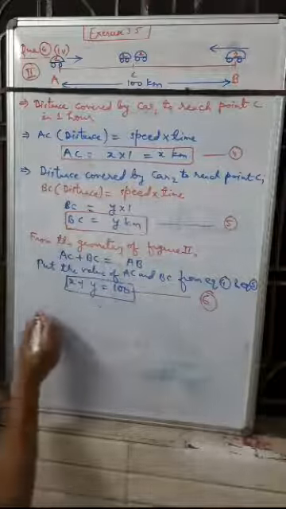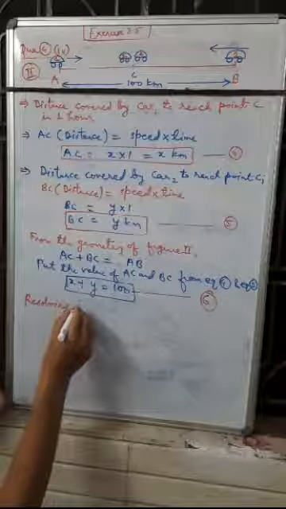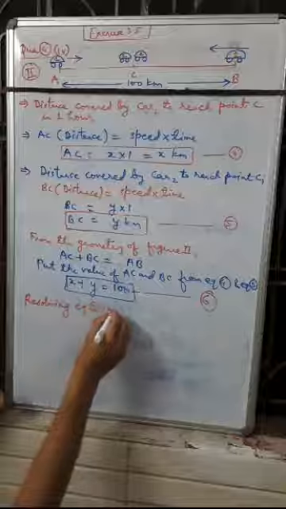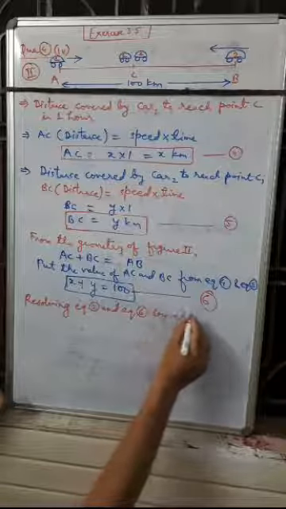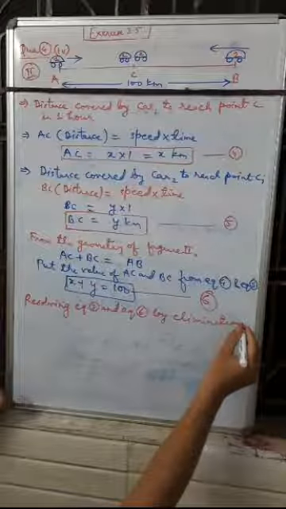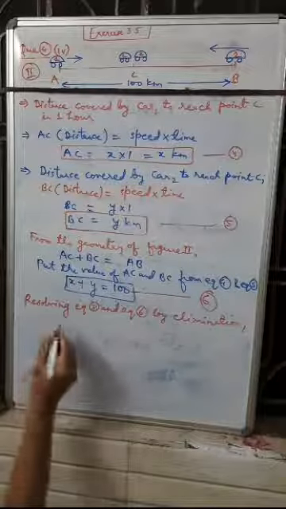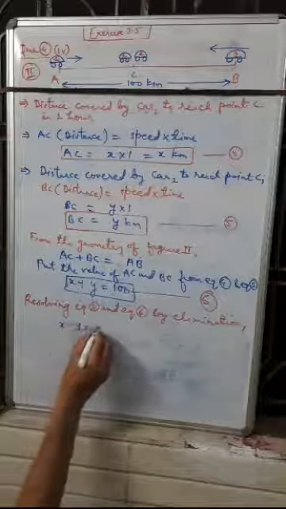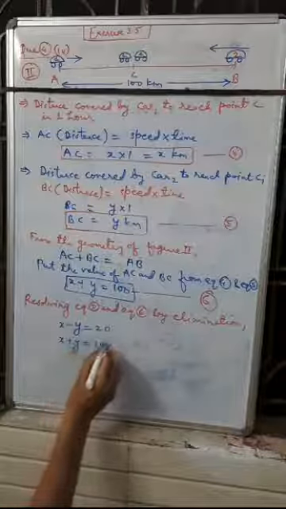Now solving equation 3 and equation 6 by elimination or any other method you like. Elimination method: x minus y is equal to 20 and x plus y is equal to 100.